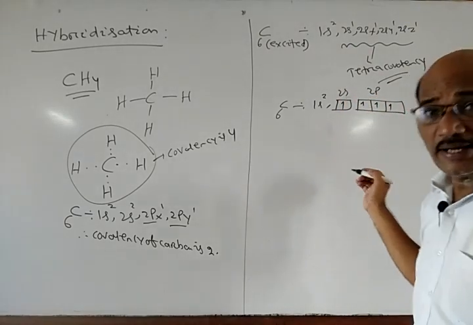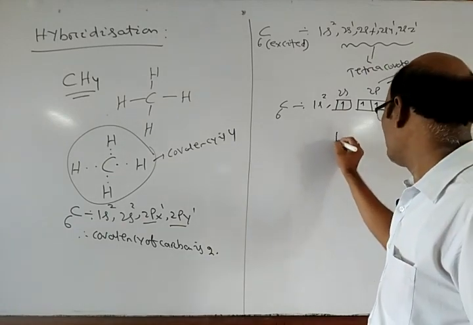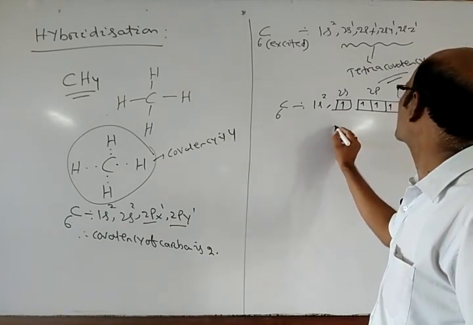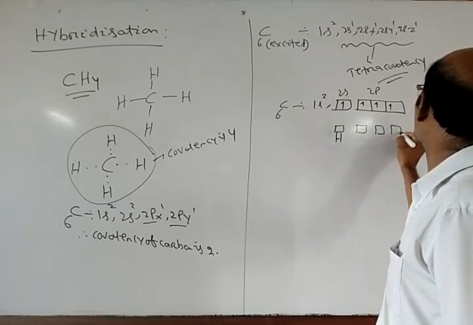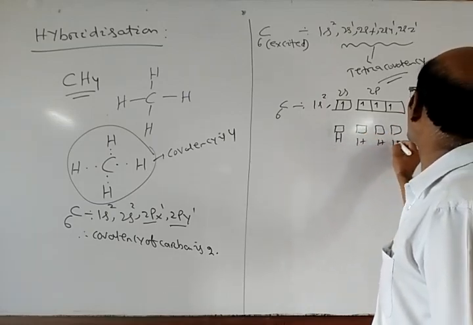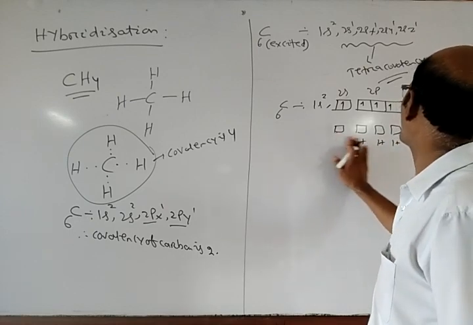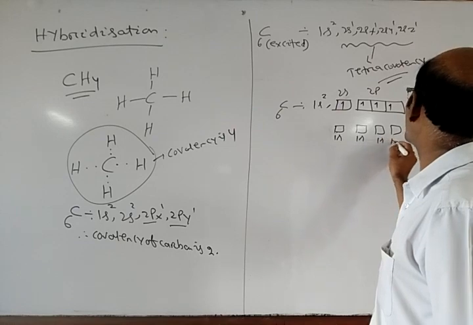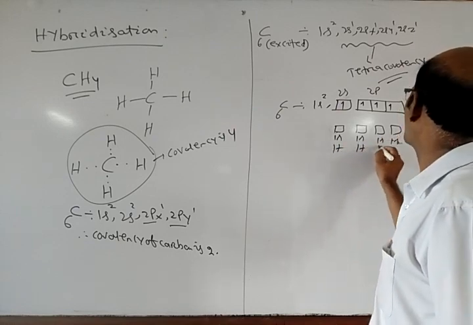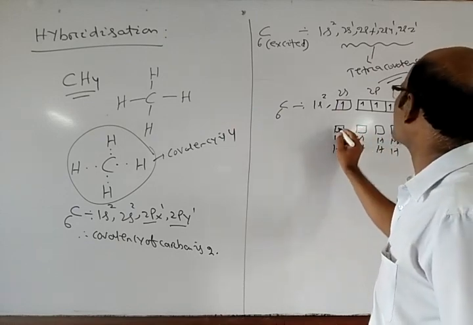Now I have 4 H atoms, each with a 1s orbital.